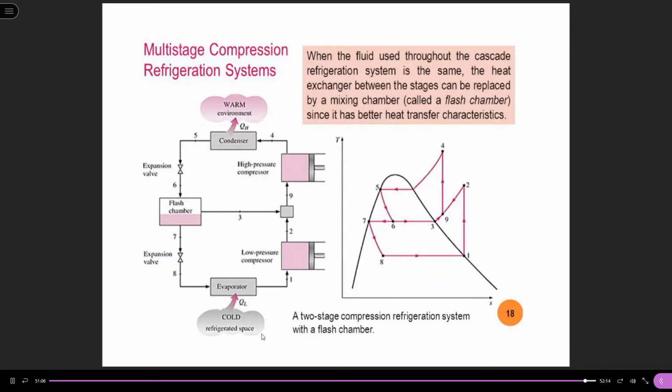Then we can easily draw the mixing process and the separation process on the temperature-entropy diagram and the pressure-enthalpy diagram.